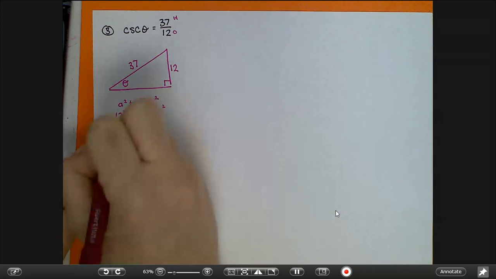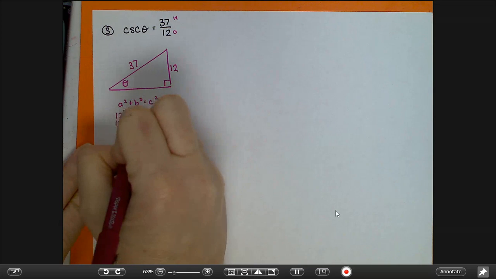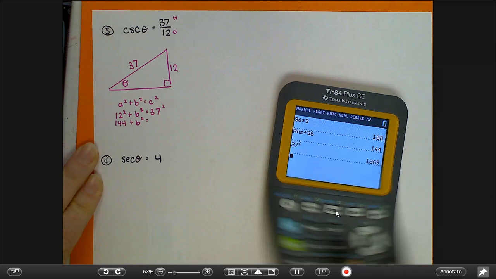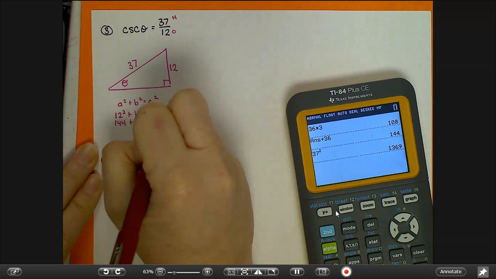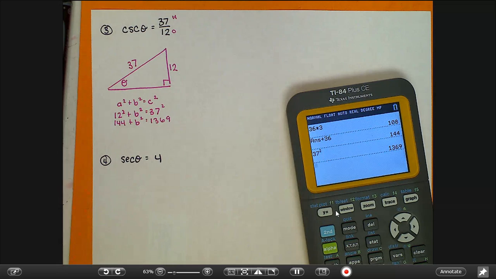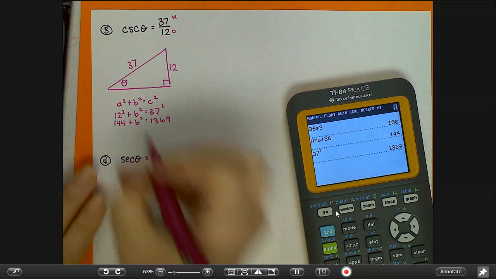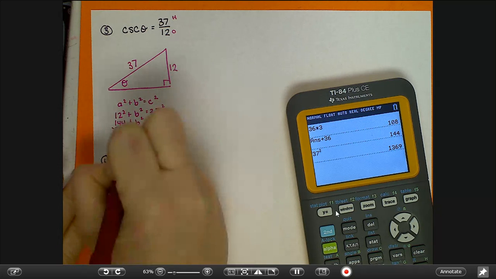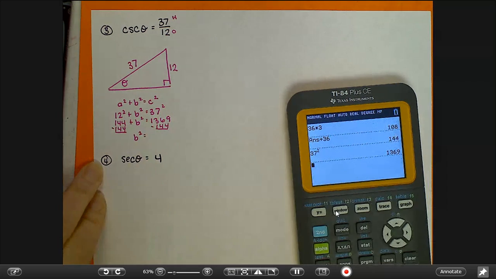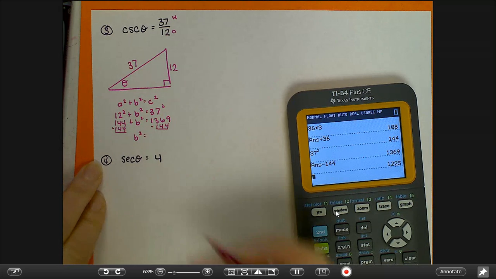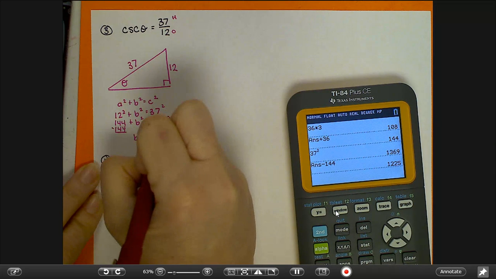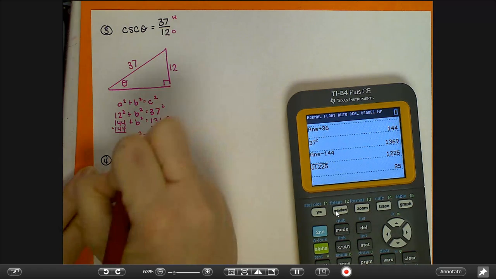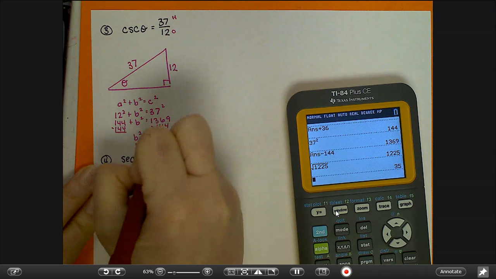We're going to find out what B is, except we need to make sure that we have an exact value. So we need to simplify the final radical if it's not a perfect square. And I don't think that's a perfect square. Oh, it is. So B is 35.